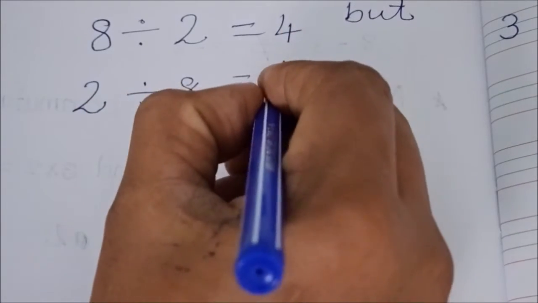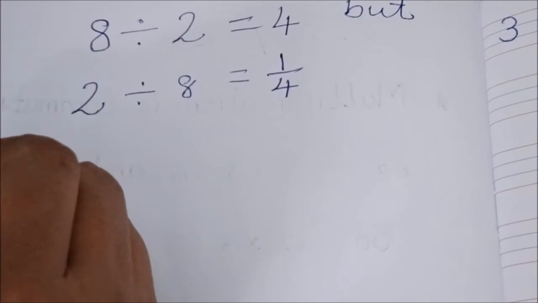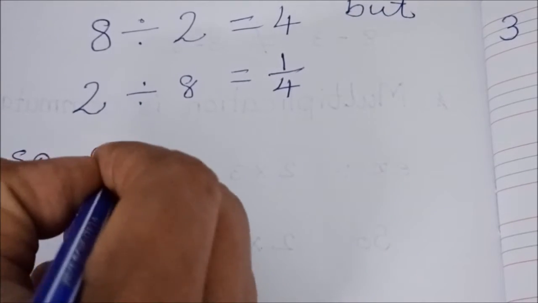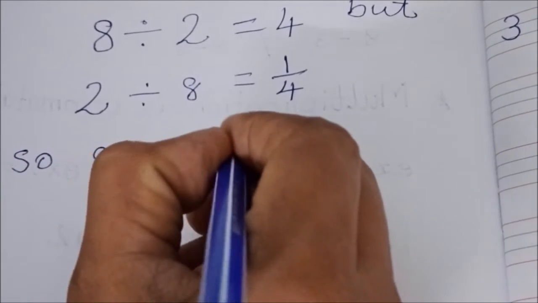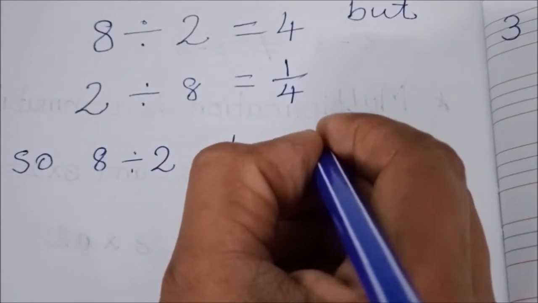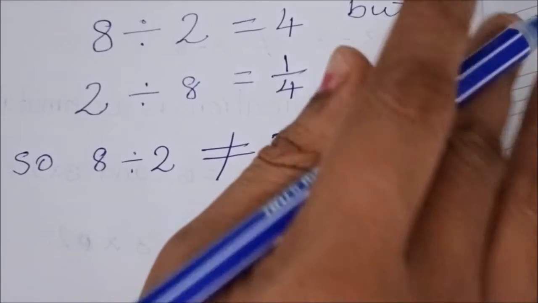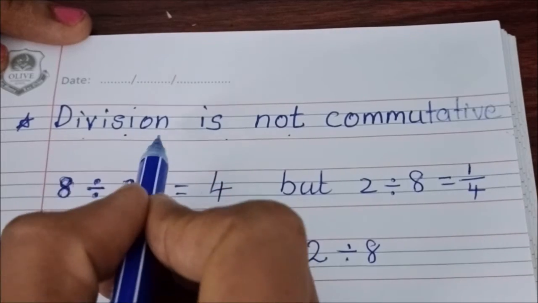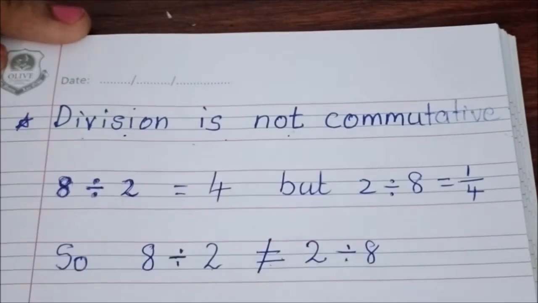No, that is 1 by 4, right? So, 8 divided by 2 is not equal to 2 divided by 8, which means division of all numbers is not commutative.